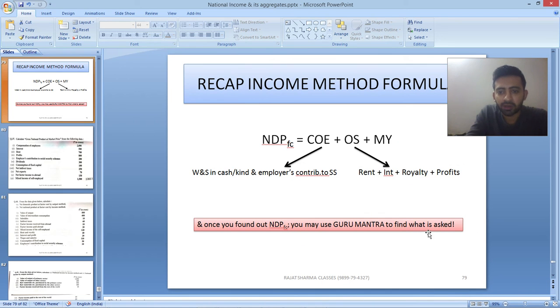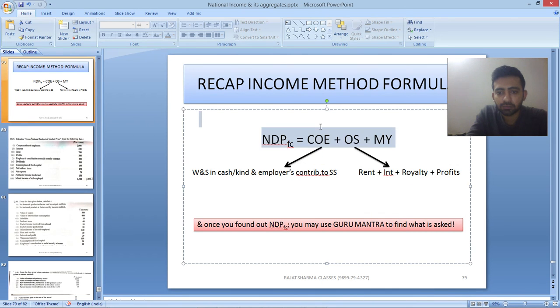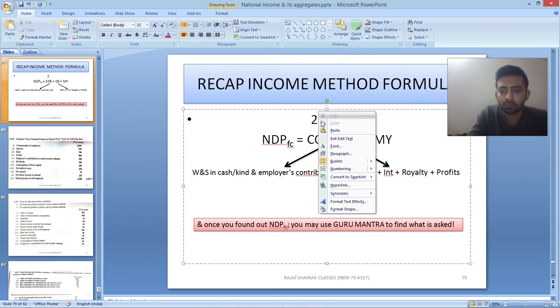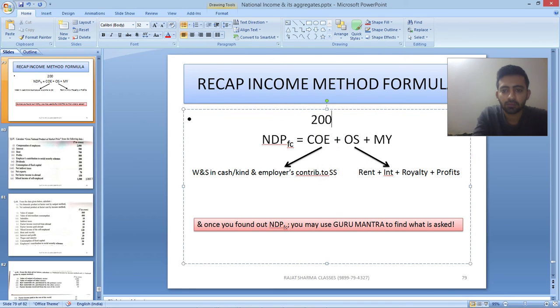Your NDP at FC becomes 2000 plus again 2000 plus MY is 1500. So total NDP at FC becomes how much? 5500. I hope this is clear.